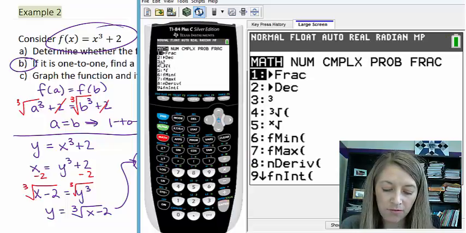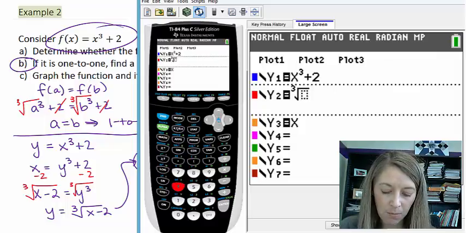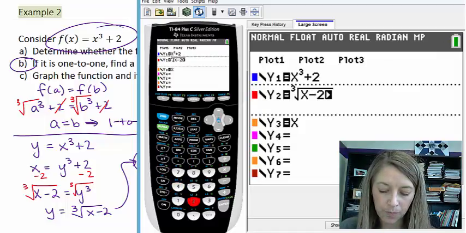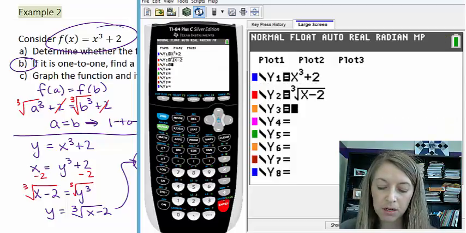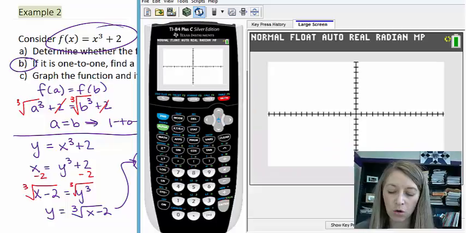And we see option 4 is the cube root. So I'm going to select option 4, and then I type in my x minus 2. I'm going to leave my y equals x in there because I know that's the line that I'm trying to reflect over. So let me go ahead and graph this on the squared window, zoom 5, of which I have last time.